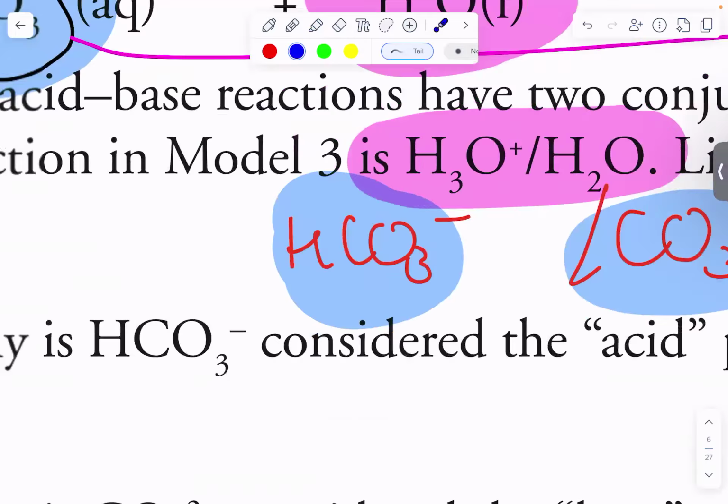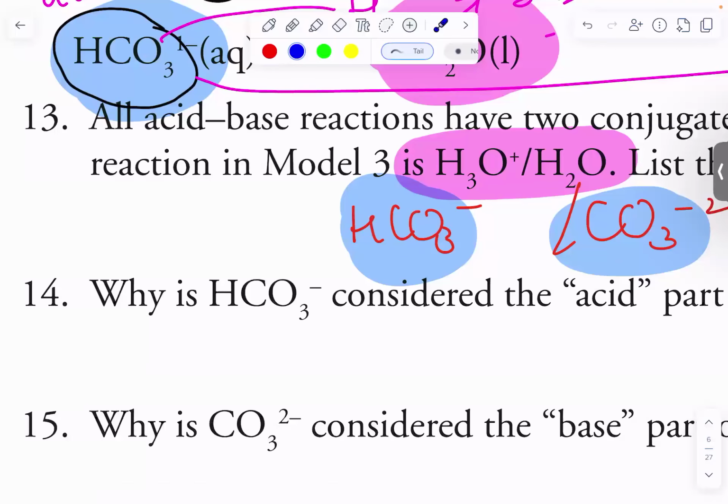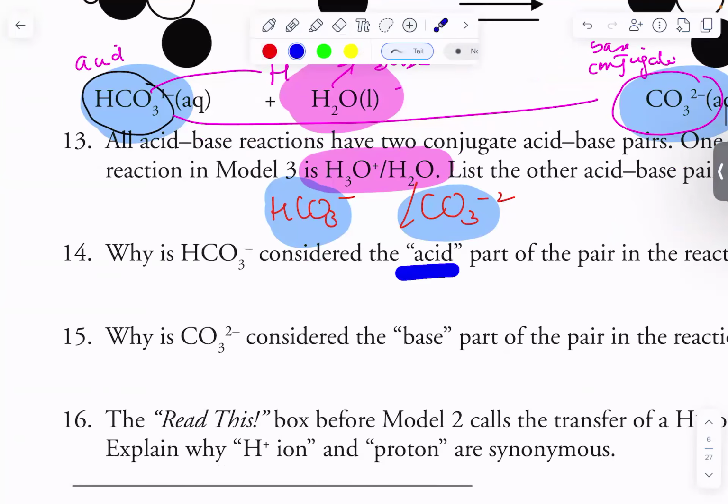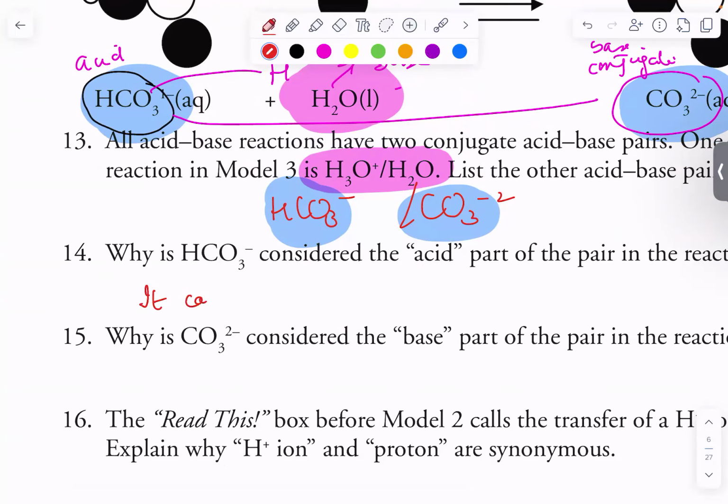Yes. So it can still donate a proton. That is why it is considered an acid. Donate will be a better word.